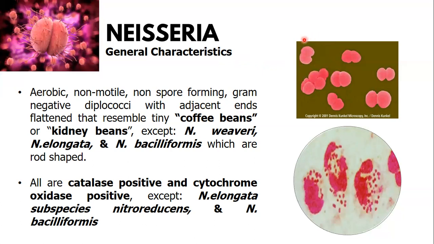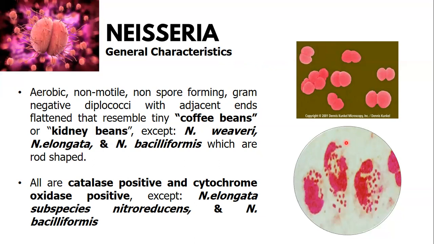As you can see in this electron micrograph image, the adjacent ends of each coccus that make up the diplococci are flattened, giving the organism a resemblance to tiny coffee beans or kidney beans. So in this microscopic appearance, you can observe the presence of gram-negative diplococci that have ends or adjacent ends that are flattened.